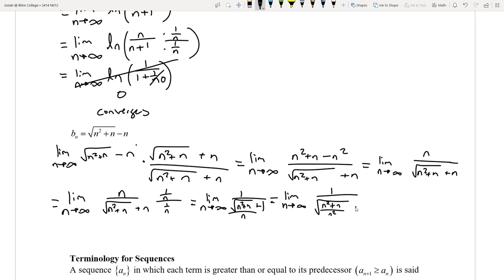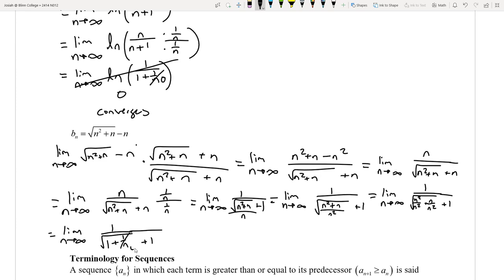Now it's under the root. So we split the fraction inside that root: n squared over n squared plus n over n squared. And so we'll get the limit as n tends to infinity of 1 over root 1 plus 1 over n, plus 1.